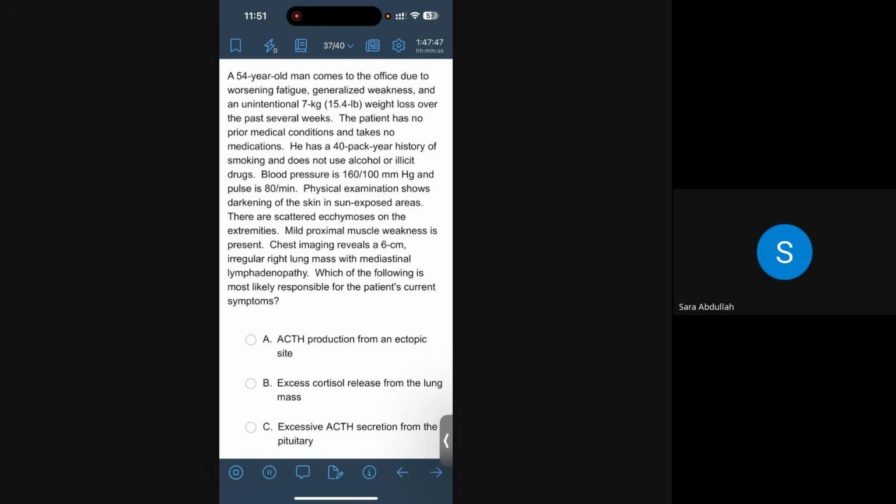Which of the following is most likely responsible? A 54-year-old man comes to the hospital due to worsening fatigue, generalized weakness, and unintentional weight loss over the past several weeks.